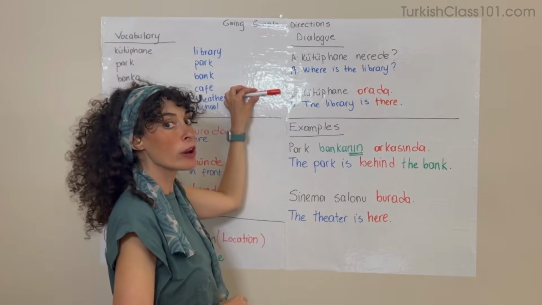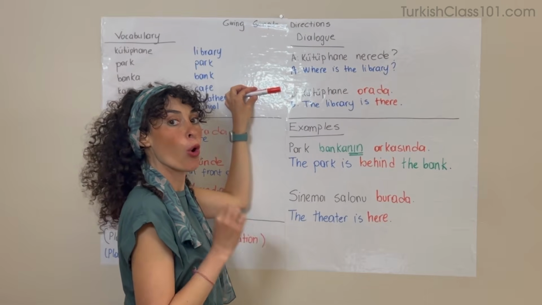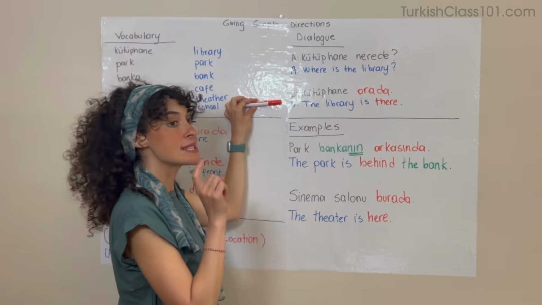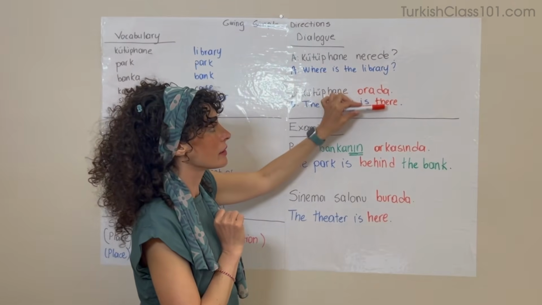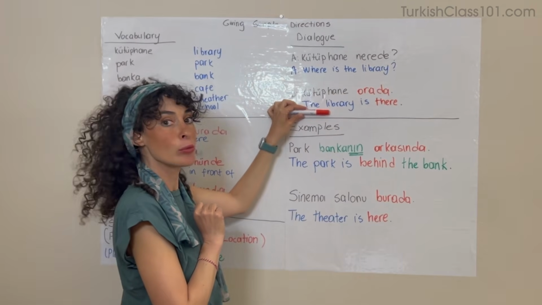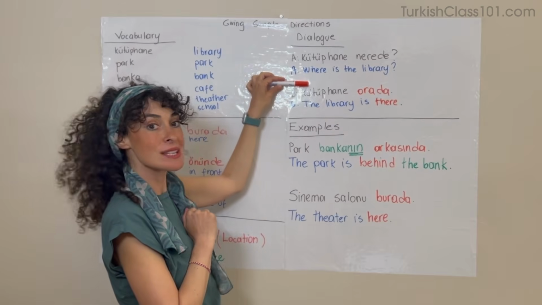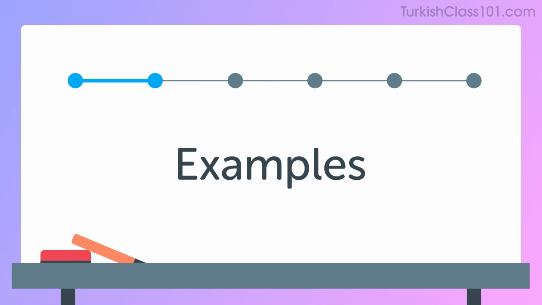Kütüphane orada. The library is there. Orada, there. Kütüphane, library. Our place word, our preposition.